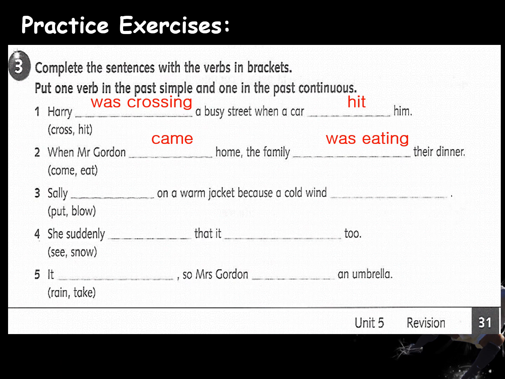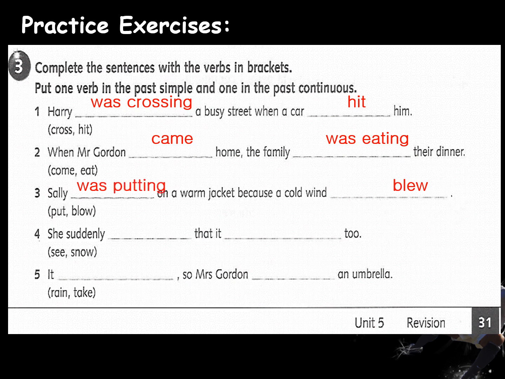Okay, so moving on, let's have number 3. Sally blank on a warm jacket because a cold wind blank. So which of these verbs will be used with a past simple and past continuous? You can write your answers. All right, let's see if you got it correctly.